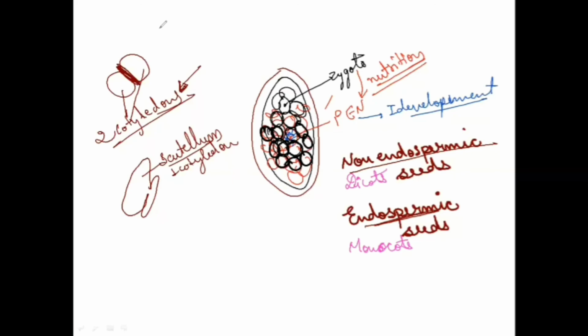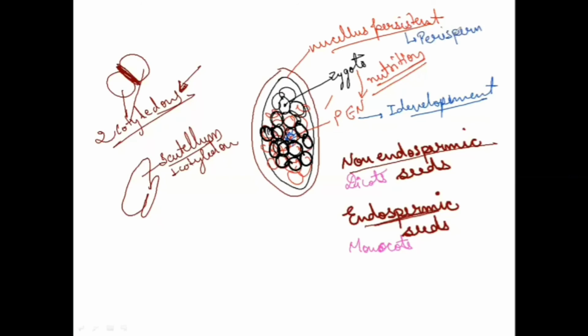Clear? Now, sometimes, not always, some of the part of the nucellus remains intact. Nucellus persistent means it is not completely removed after the embryo formation, and this is known as perisperm.